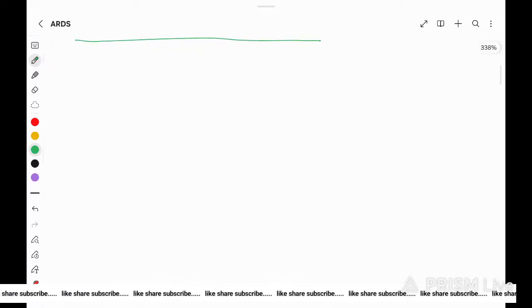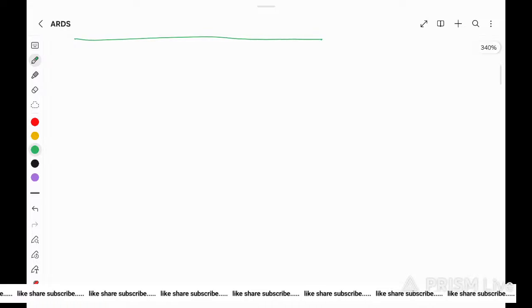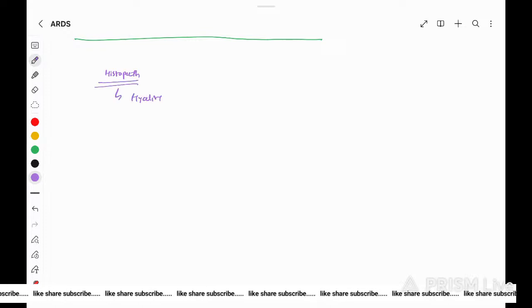So histopathologically, whenever we see the histopathology of an ARDS patient, there are hyaline membranes associated with interstitial edema, cell necrosis and proliferation, then fibrosis at a later stage. What is the histopathological examination showing?